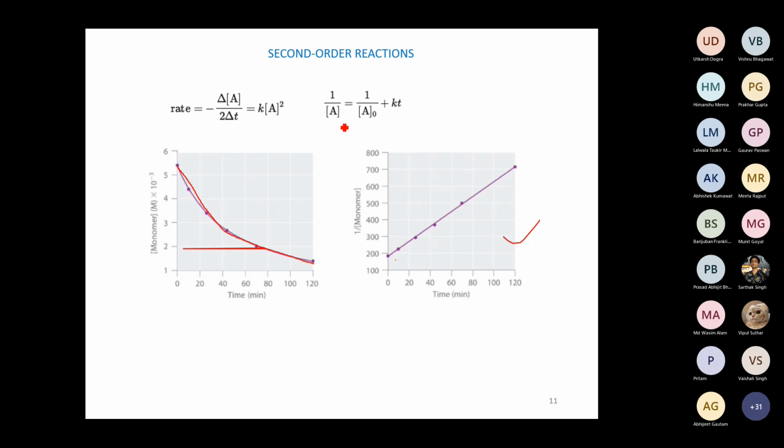If you plot ln concentration of A versus time and get a straight line, that means it is first order with respect to A. But if it is not that, and you plot 1 by concentration of A with respect to time and get a straight line with positive slope, that means the reaction is second order with respect to the starting material A. You know that, right?